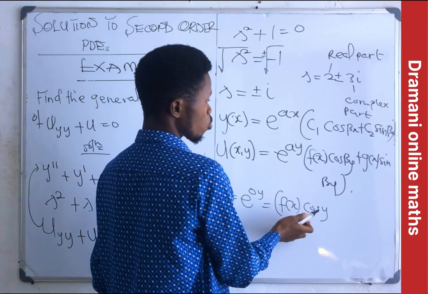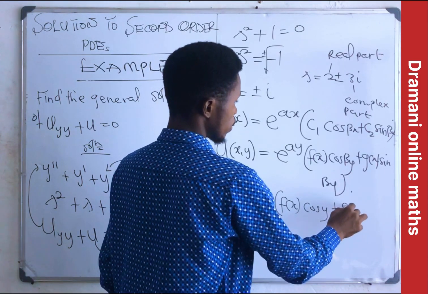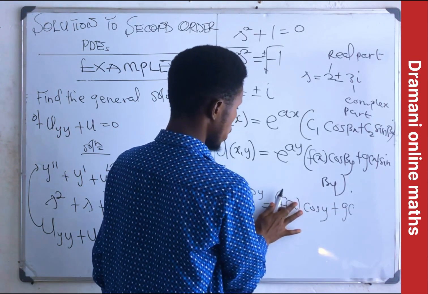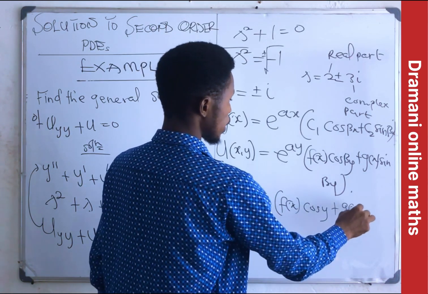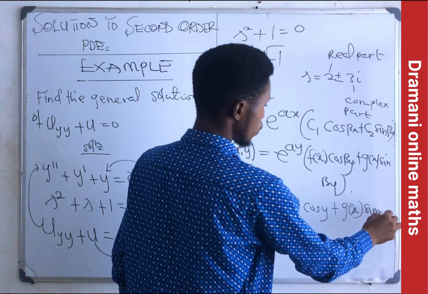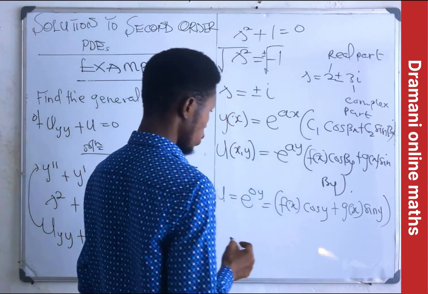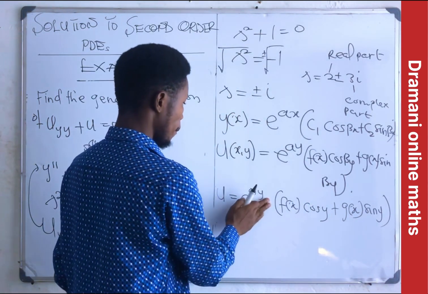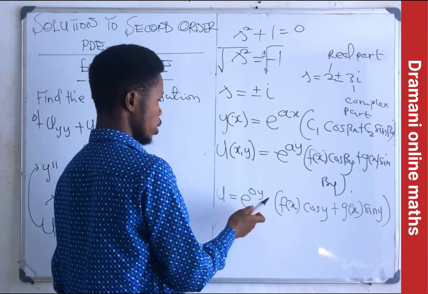So this gives us cos y plus j of x, and this gives us sine y. There is no bracket here, it's rather multiplying.